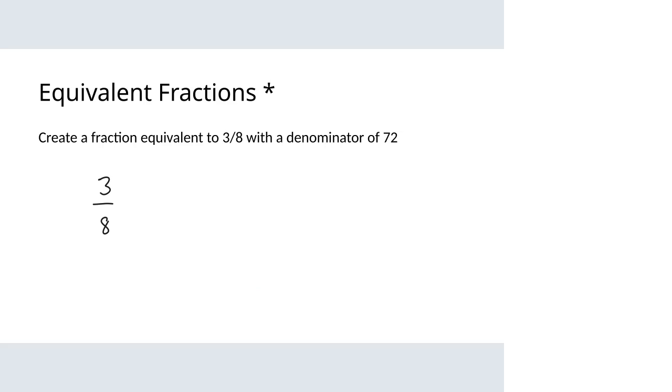I'll give you a little more time on this one, but really don't overthink it. We're just creating a fraction that is equivalent to 3/8, but our new one has a denominator of 72. So we know we're going to have 72 on the bottom of the fraction. Really what we're trying to figure out is, what does the numerator have to be in this new fraction?